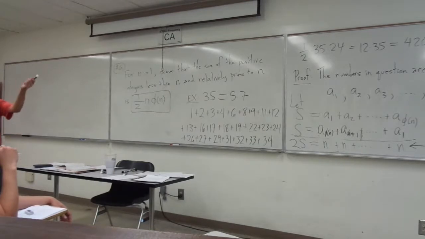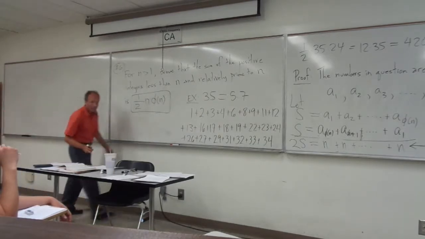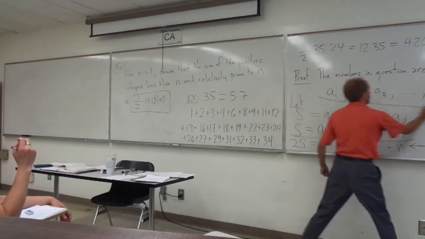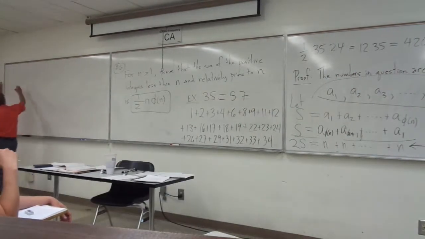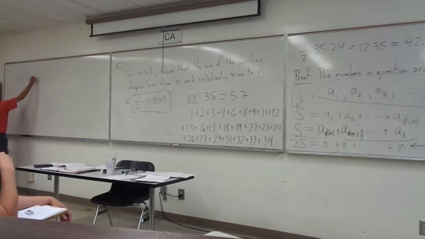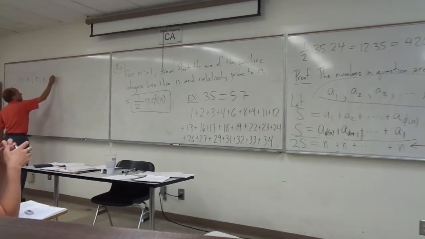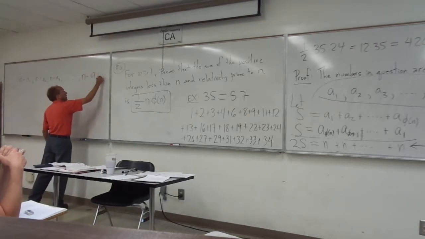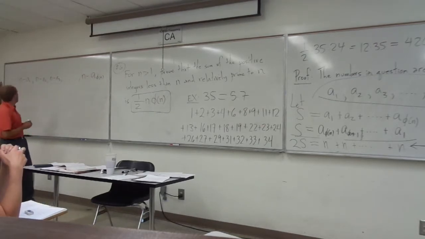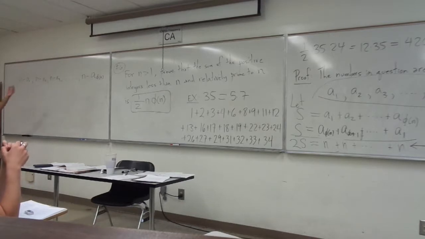Just take this list, all of the numbers that are relatively prime to n. Would you agree that if I take that list and then write down all of these numbers, what I have written there is the same list, just in a different order?